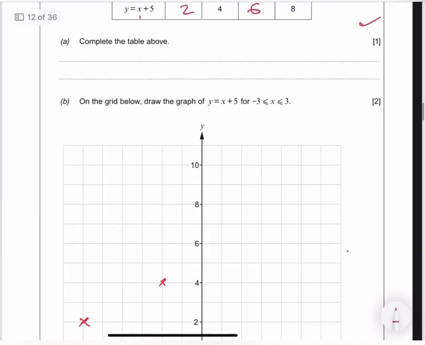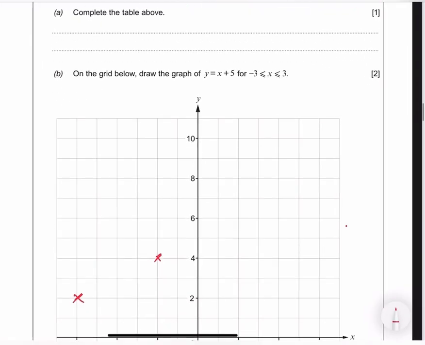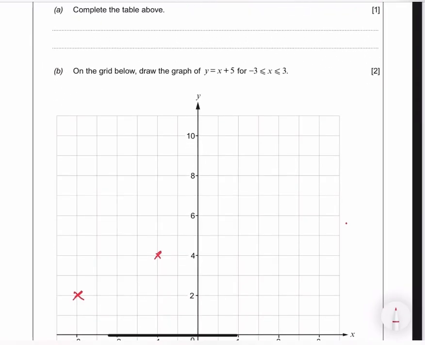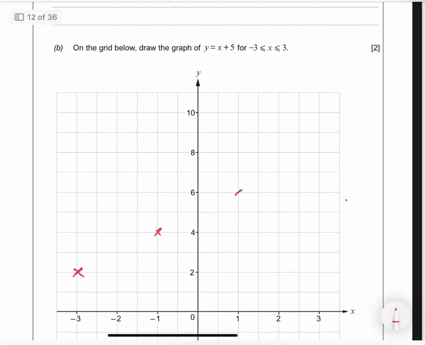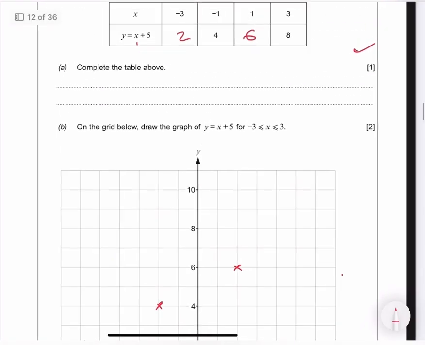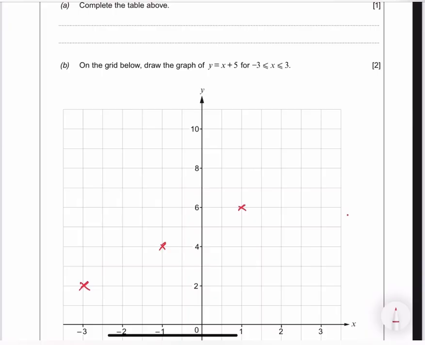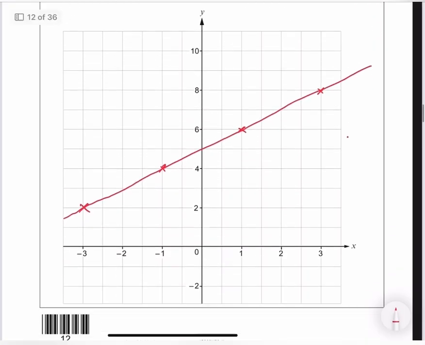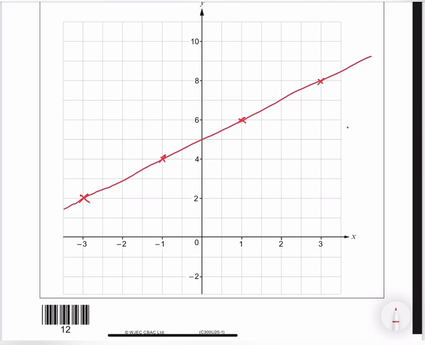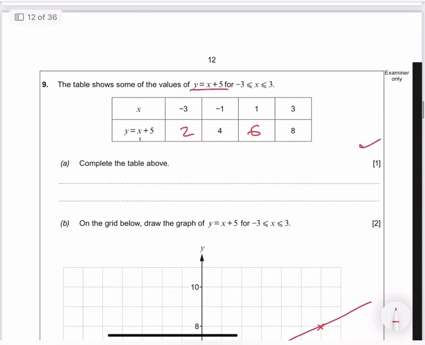You should make all these crosses, they should appear in a pattern, and you should be able to draw a straight line through them. If it's not a straight line, it means you made a mistake somewhere. These equations always create a straight line. That's why they're called straight line graphs. So make sure you don't just plot the coordinates, but you also draw the line through them. Of course, use the ruler when you do it.